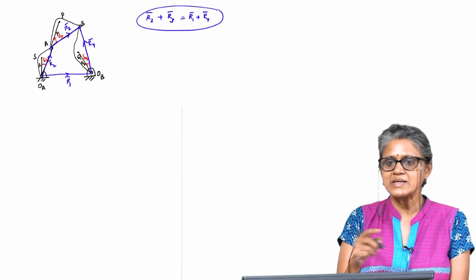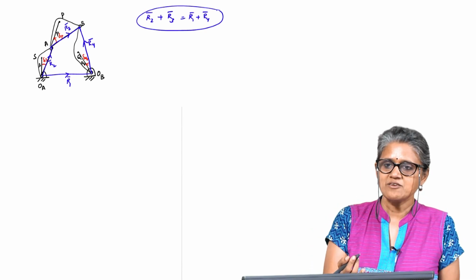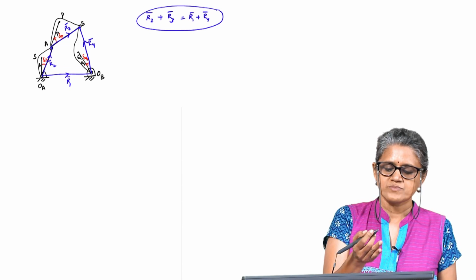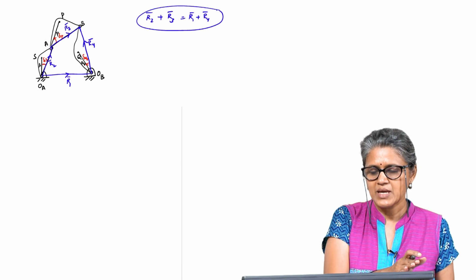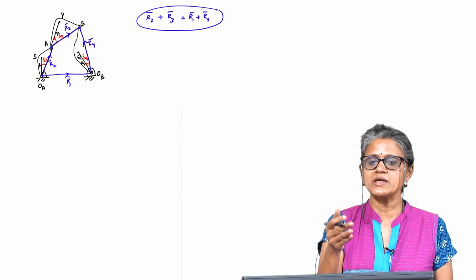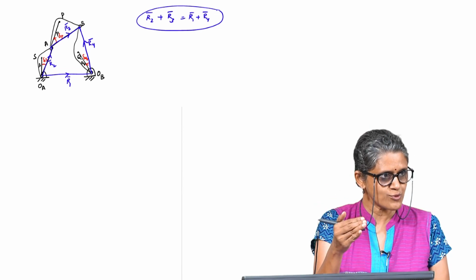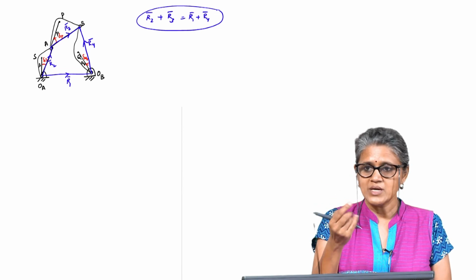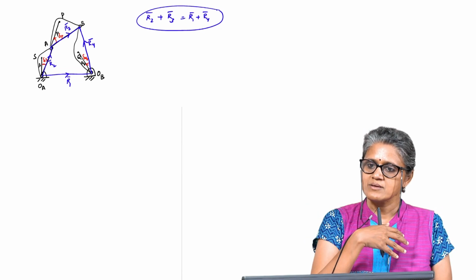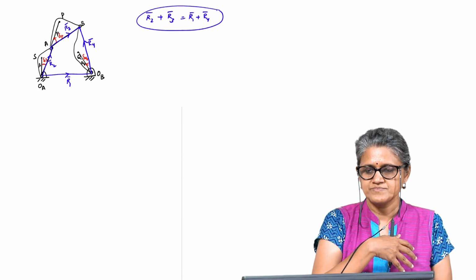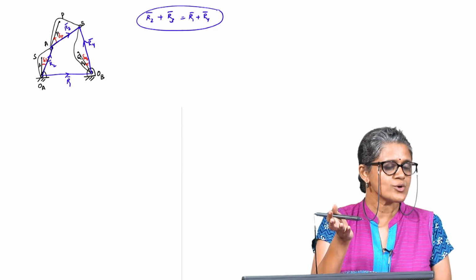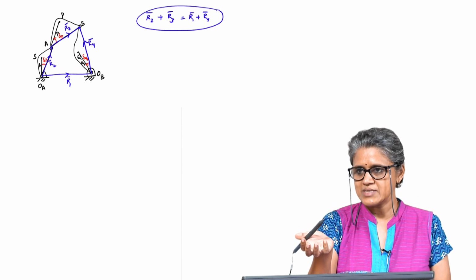So, here once I do the position analysis for this kinematic chain, I can find the position of any point on the linkage. Why do I say that once I find theta 4, I can basically specify the location of any point on the linkage?